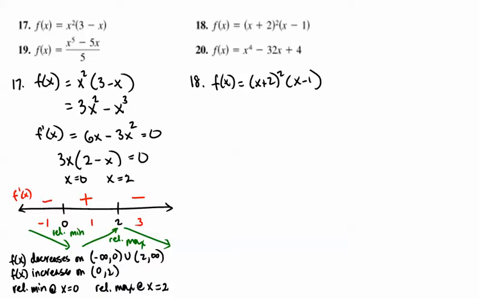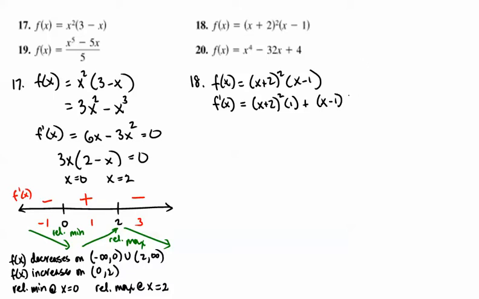And I have f of x is equal to x plus 2 quantity squared times x minus 1. And instead of taking the way of multiplying out, which could be done here, and some might find that easier, I'm going to go ahead and use the product rule with the chain rule here. So I have the first function, which is x plus 2 quantity squared, times the derivative of the second, which is just 1, plus the second function, x minus 1, times the derivative of the first function.